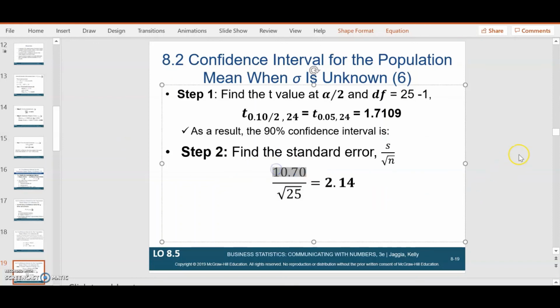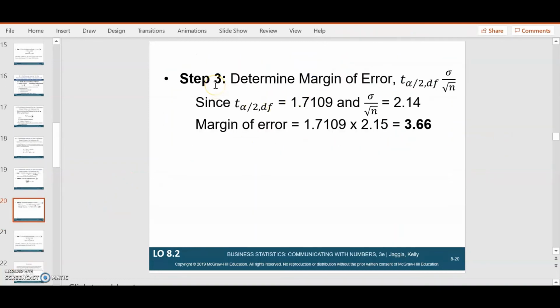So that is why instead of having a sigma, we have this symbol for lowercase s. Step number 3, determine the margin of error. To determine the margin of error, all that we have to do is to multiply the t value with the standard error of the estimation.